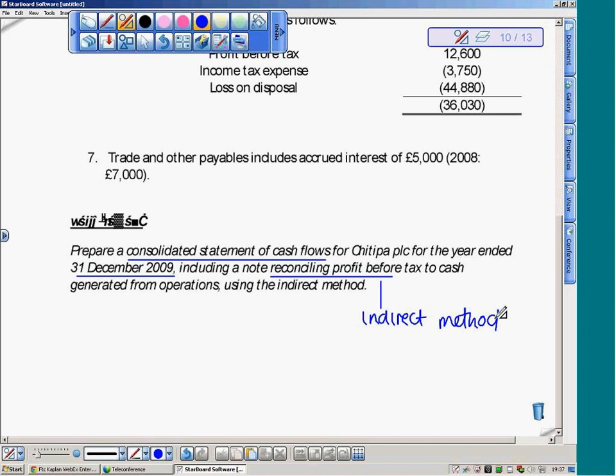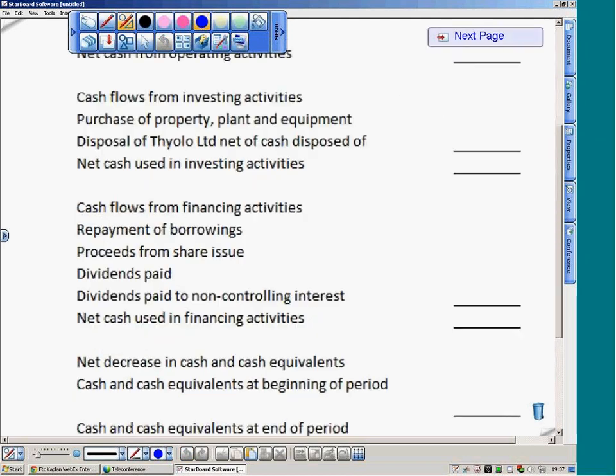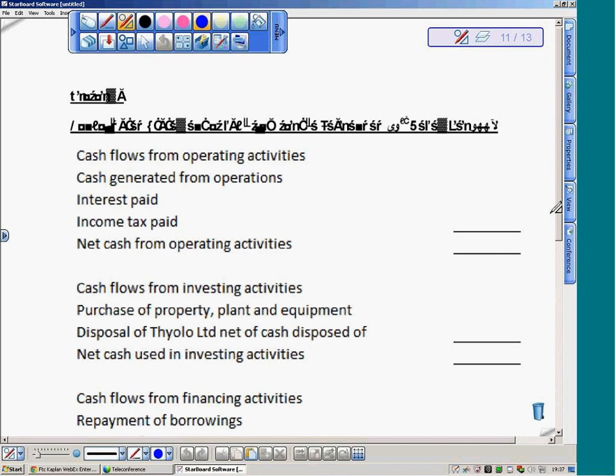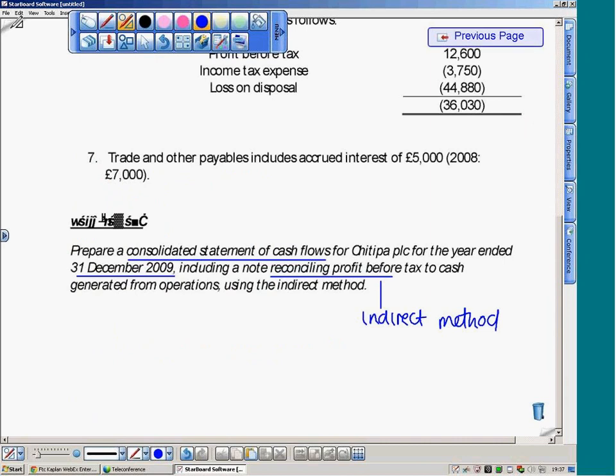Okay, so at this point, having read the question, you could think about drawing out pro formas. And I do believe there is a pro forma attached on the page, so I'm just going to use that so we don't need to worry about writing it out. Do realise that the pro forma you see from a group perspective is the same as for single entities.